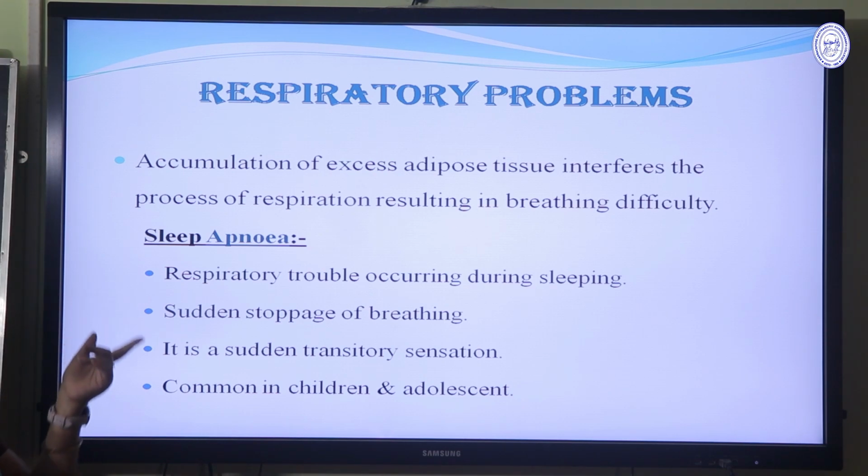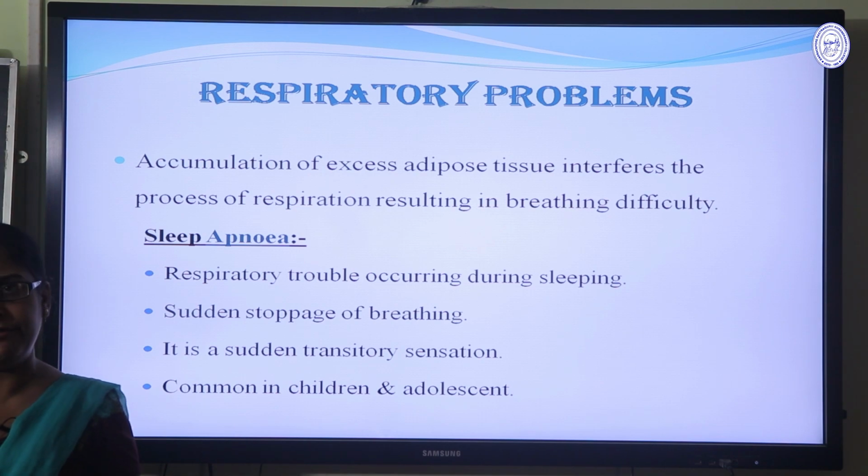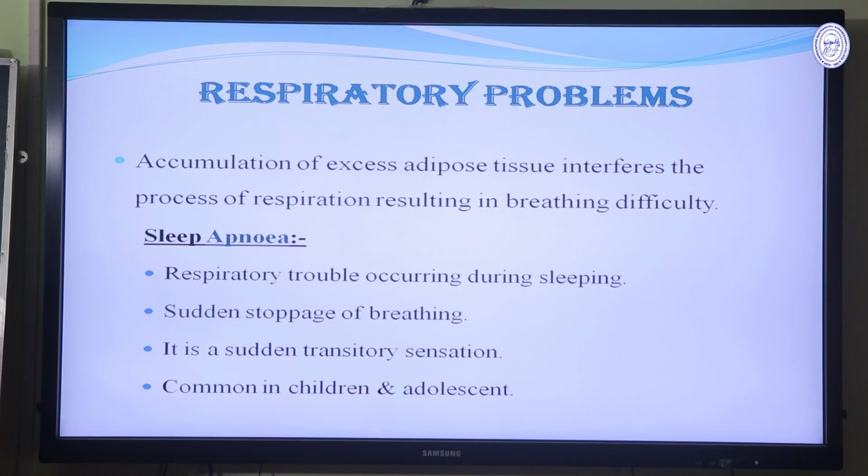Accumulation of excess adipose tissue interferes with the process of respiration, resulting in breathing difficulty. In sleep apnea, respiratory trouble occurs during sleeping. Due to the position of sleeping, the fat infiltrated in the abdomen inhibits the diaphragm from expanding and allowing the air to enter the lung.